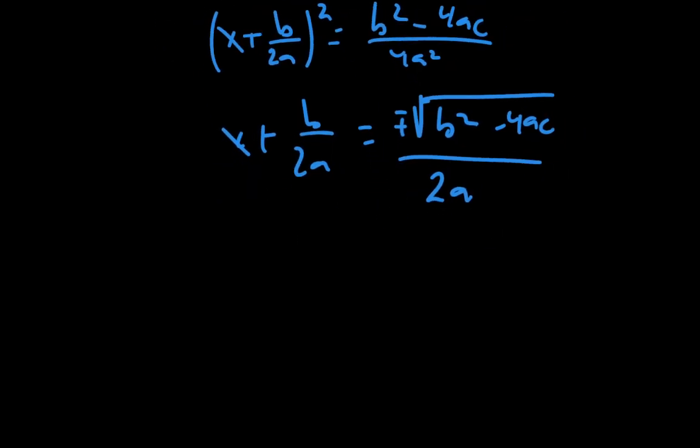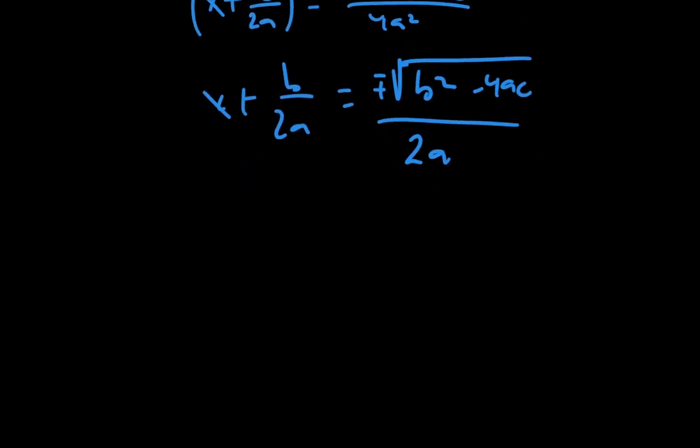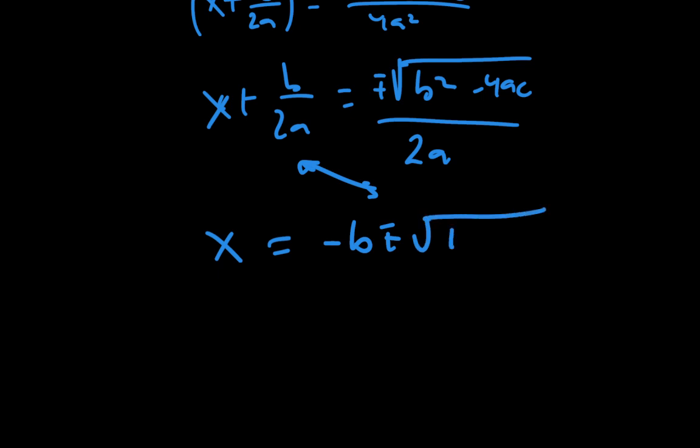And now we can just subtract the constant again, and keep in mind that these two have the same denominators, so we can just combine that easy into a fraction. Typically it's written like this: x equals minus b plus or minus the square root of b squared minus 4ac, over 2a. And those are the roots of the polynomial.